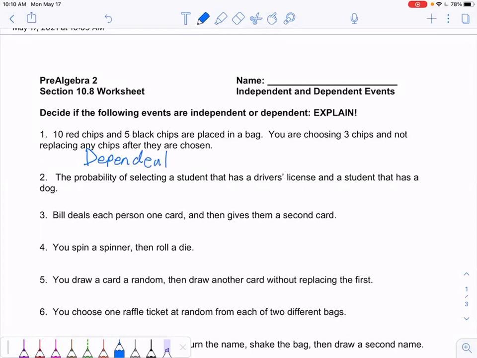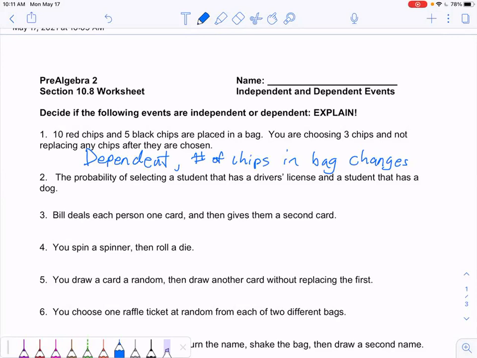And then give me a quick reason why. You could put something as easy as number of chips, bag changes. That works. Michael, 3. Bill deals each person 1 card and then gives them a second card.